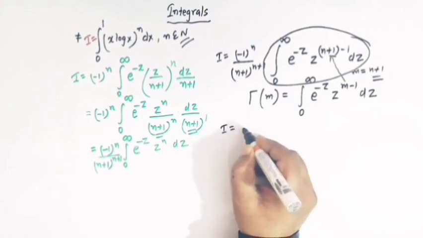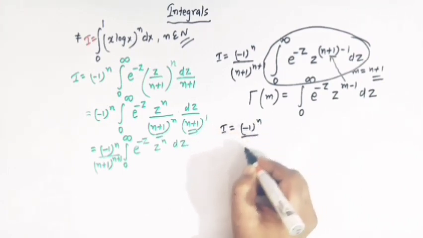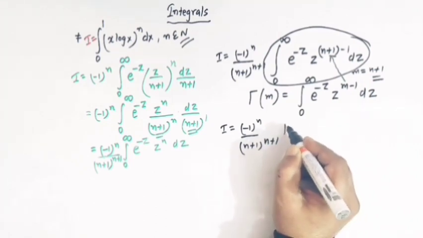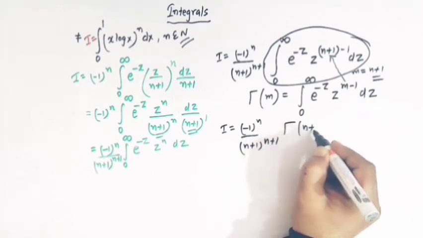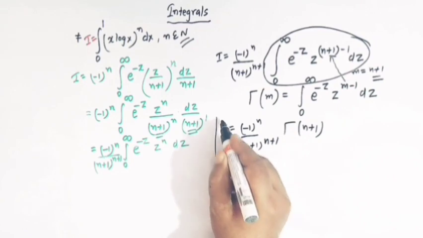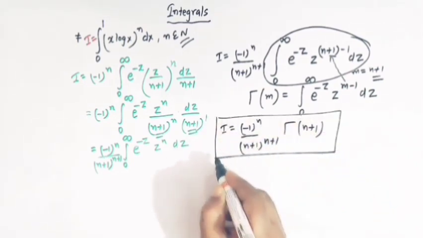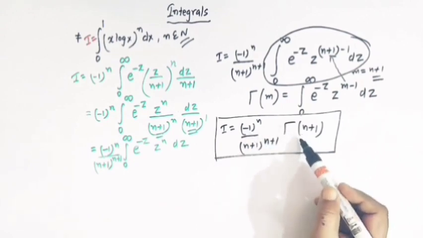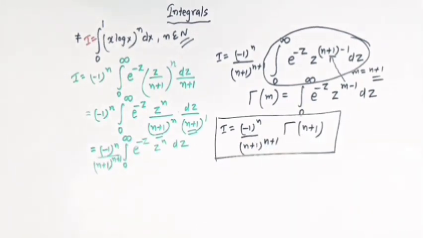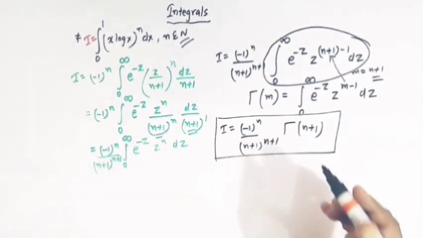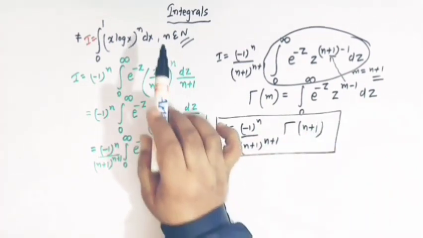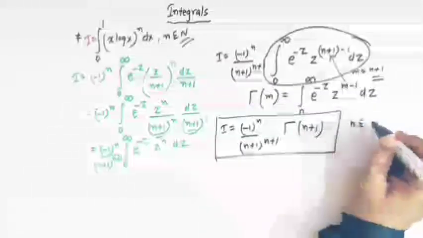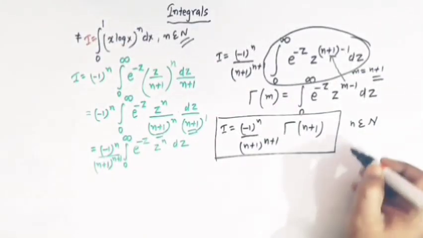So I can be written as minus 1 raised to n, n plus 1 raised to n plus 1, and here we have gamma of n plus 1, right? So viewers, the value of this integral is given by this expression, right? Now here we see that our n belongs to the set of natural numbers, right?